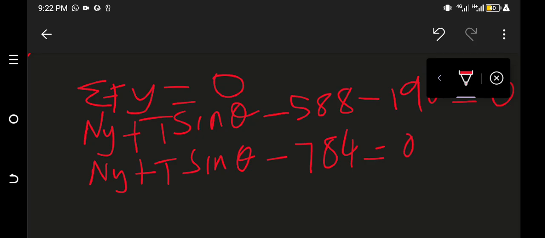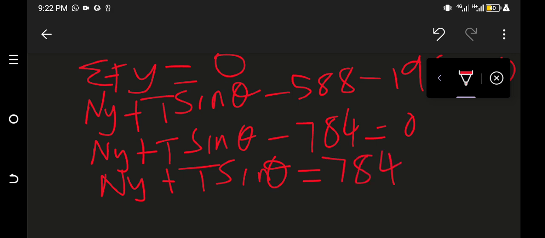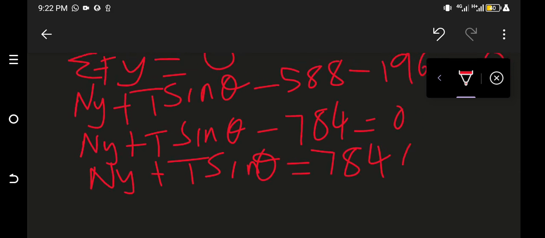Take the negative part to the other side. So Ny plus T sine theta is equal to 784. This is our second equation.